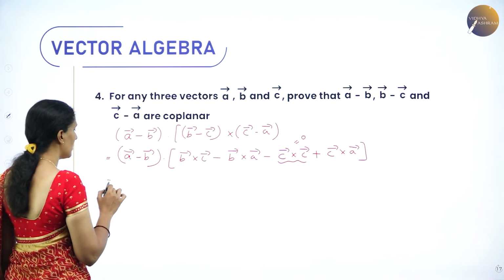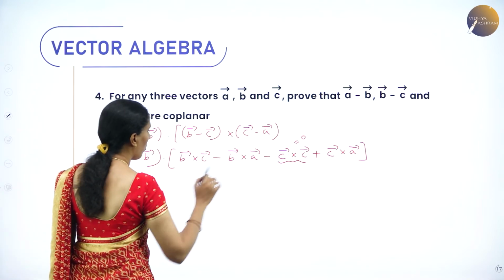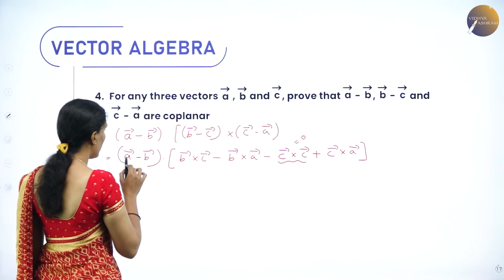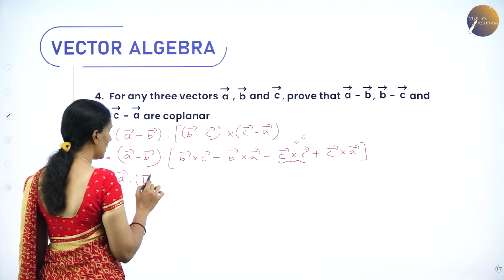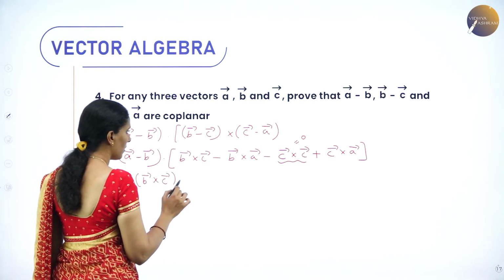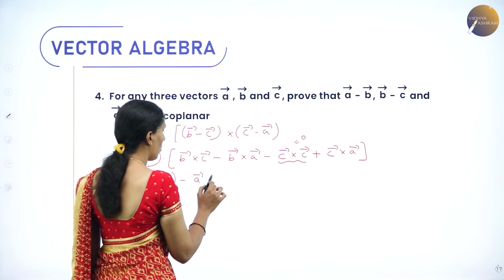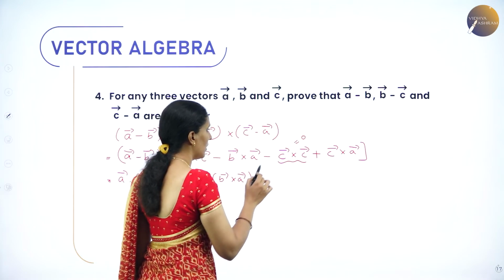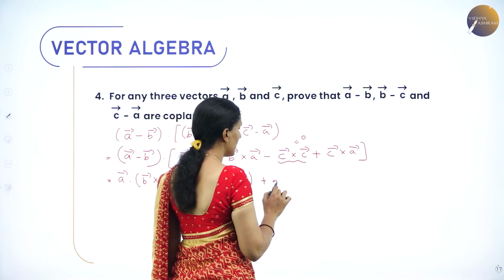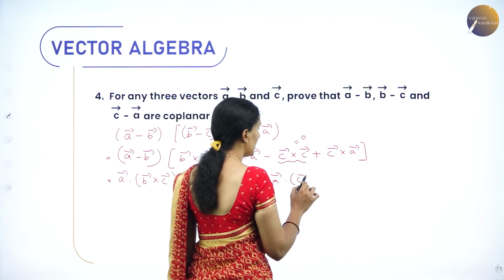Now let us multiply a with all these. Next we will take b. First we will multiply a dot b cross c minus a dot b cross a. This is 0 plus a dot c cross a.